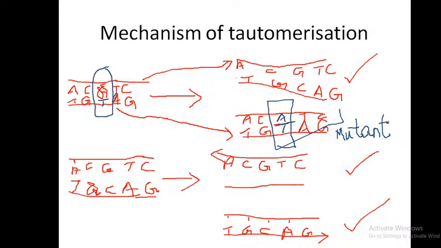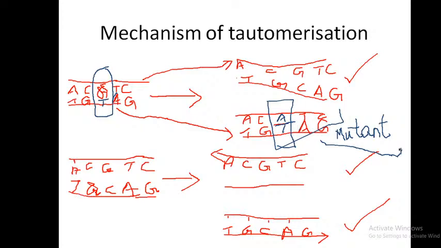So one strand of the parental strand will be incorporated into this daughter strand, and as a result of that, a mutant sequence is formed, and this is what is known as tautomerization. Now, next is deamination. I have written in detail how you get this mutant sequence with tautomerization.